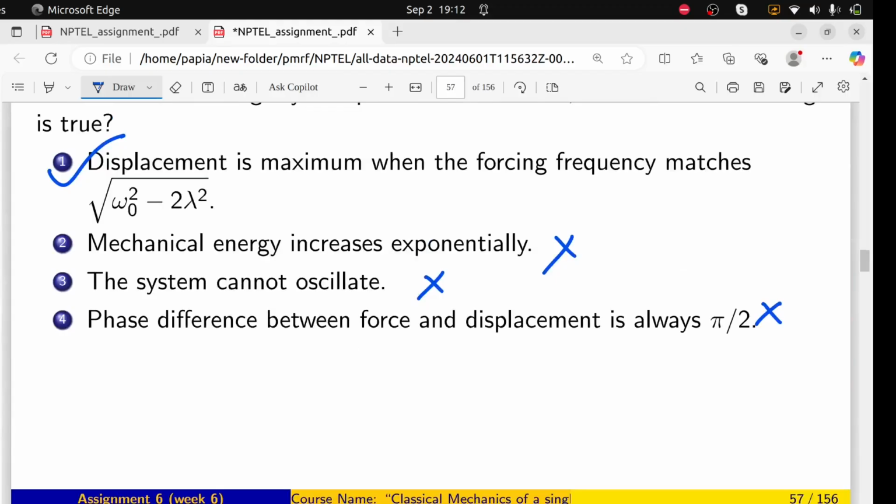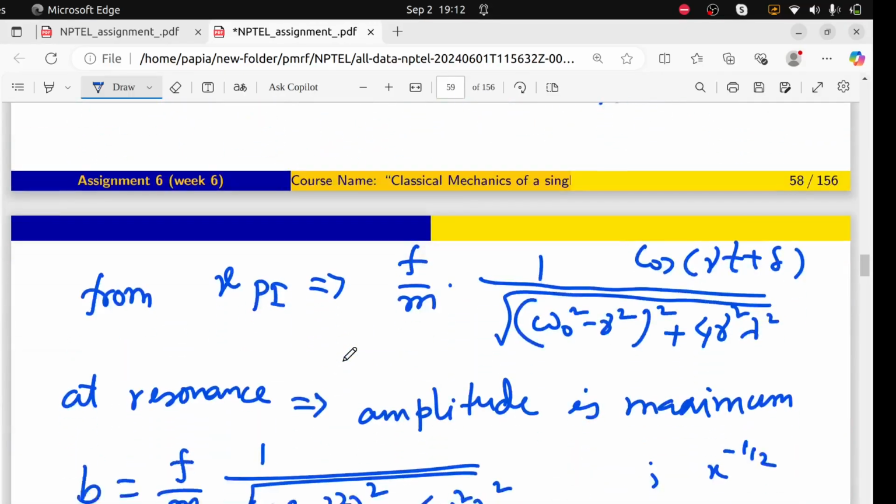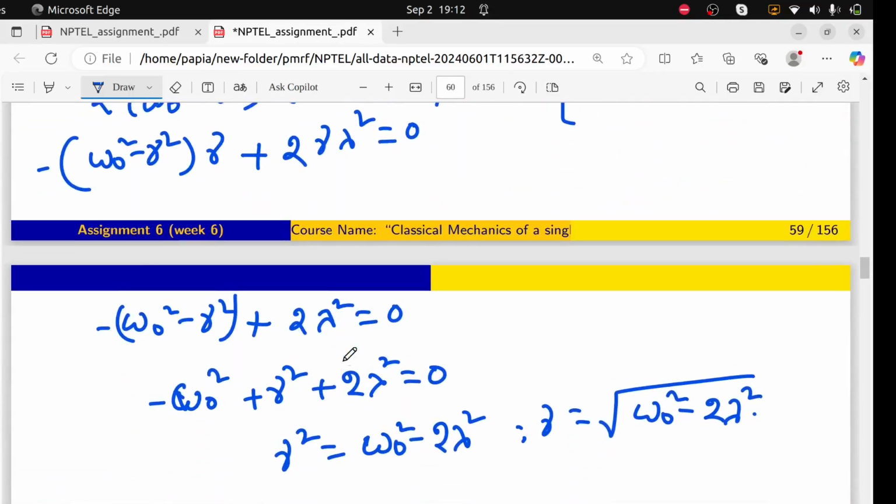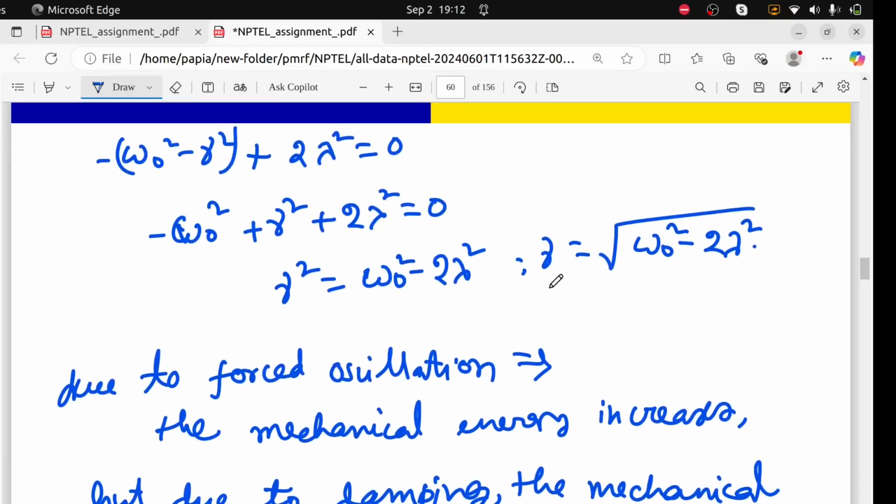So this is also not correct. So the only correct option is displacement is maximum when the forcing frequency matches root over omega 0 square minus 2 lambda square, which we have already discussed, and it is coming that gamma equals this root of omega 0 square minus 2 lambda square.